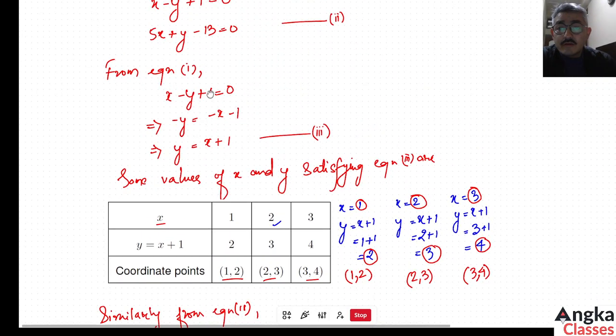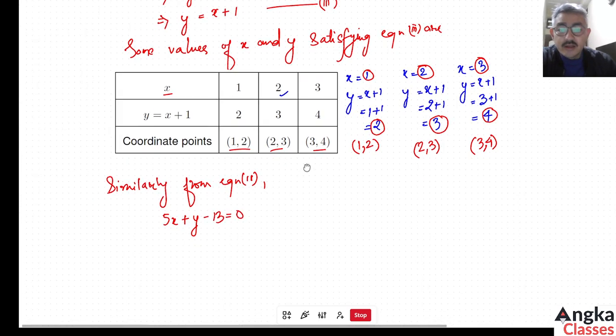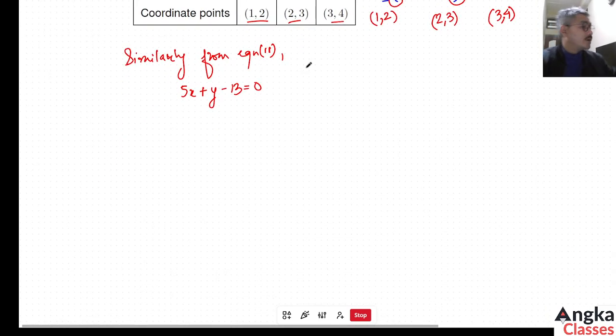Equation 2 is 5x plus y minus 13, so 5x plus y minus 13 is equal to 0. Now we write equation 2 in terms of y. So y is equal to 13 minus 5x.